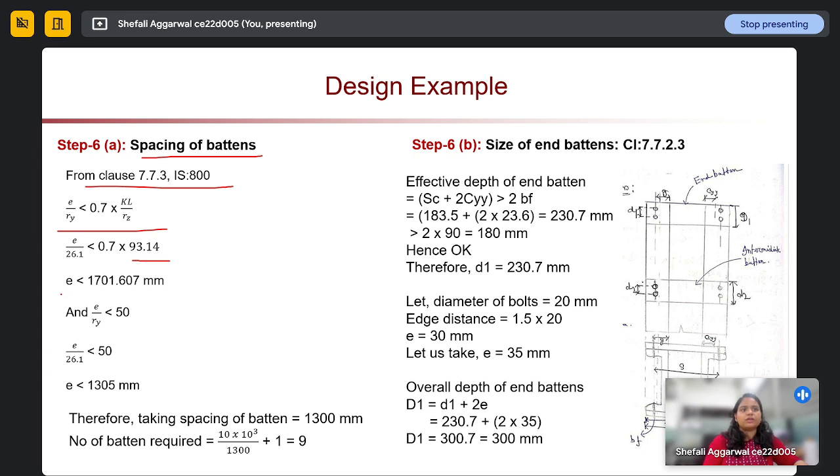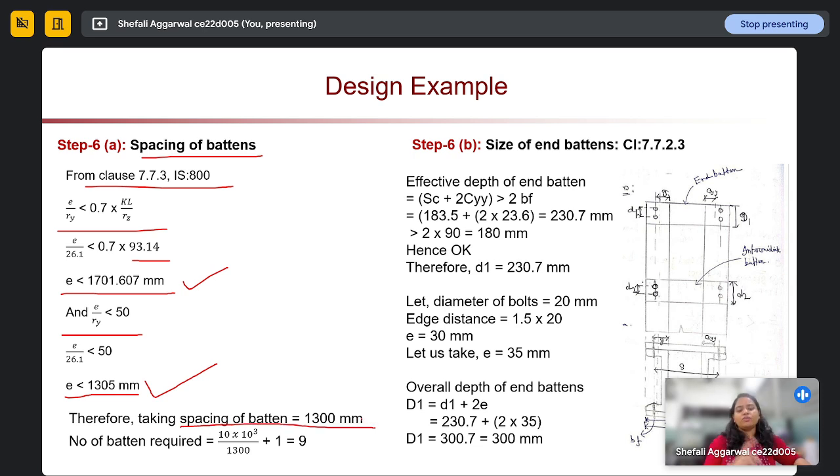From here we can calculate E, which should be less than 1701 mm. The second condition is E upon r_y should be less than 50. From this also we get one E value. So we got value one and value two, and we will take the smaller of these for a safe design. Taking the smaller of these two, we get the spacing between battens as 1300 mm.